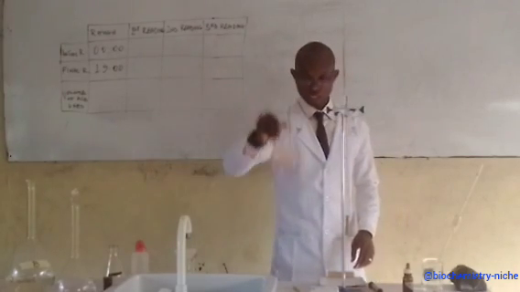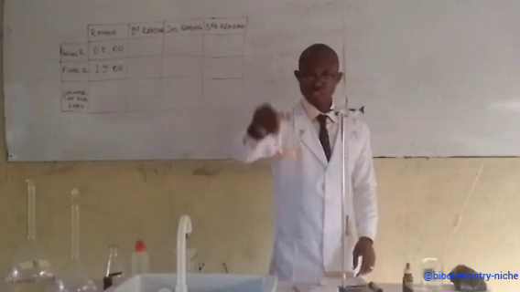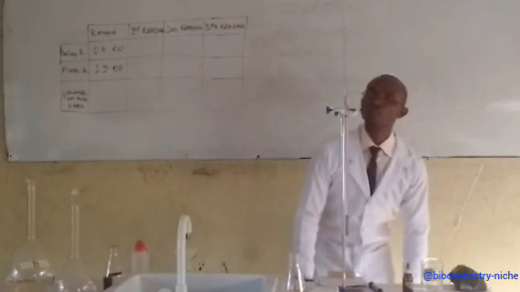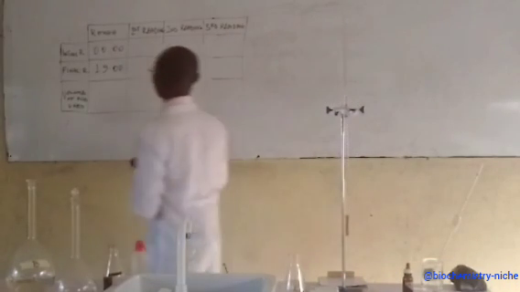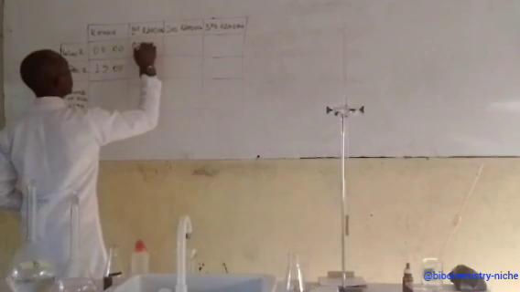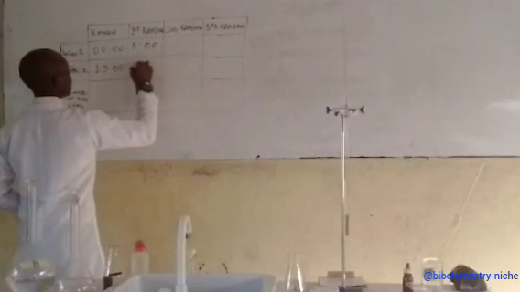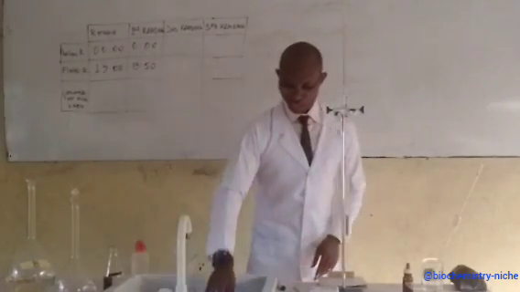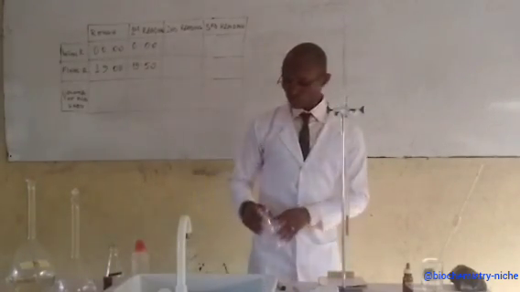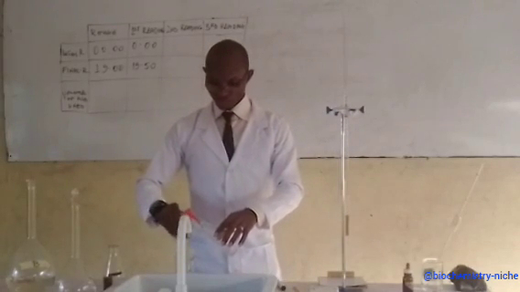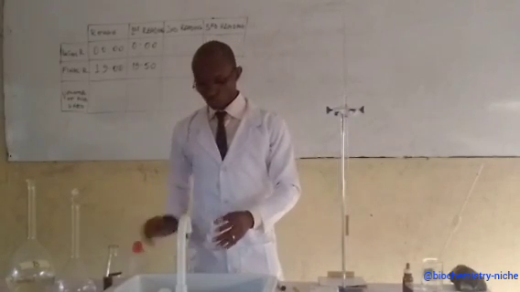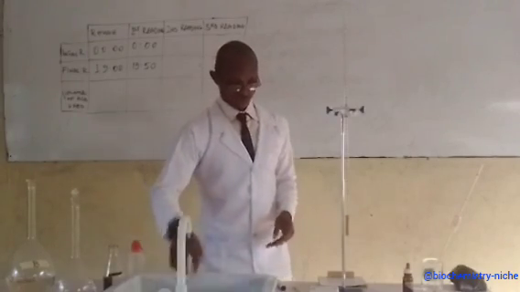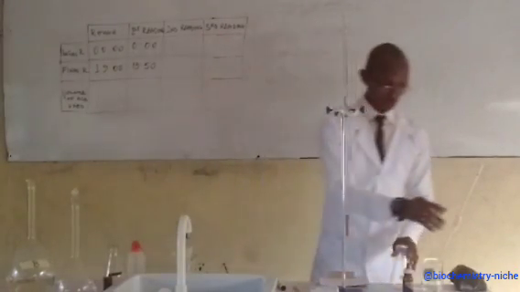So this is another color. So this is the color change. So the reading right now is 19.5. Remember we moved back to 0, so we have 19.50. So let us take another reading. It's important that the difference between your two readings must not be more than 0.2. So you need to have that at the back of your mind.